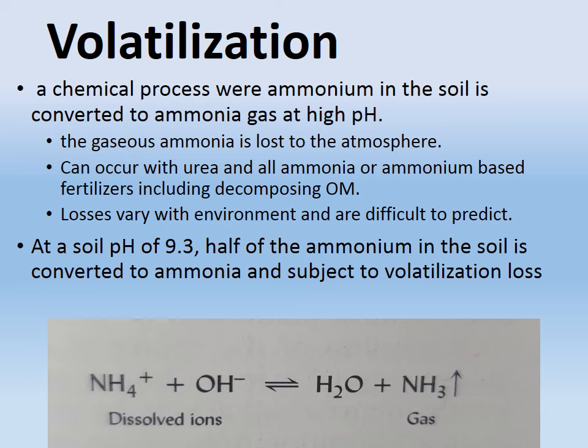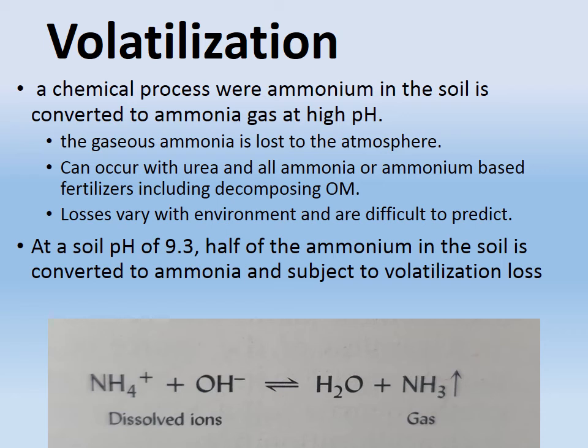Losses of ammonia to the atmosphere through volatilization are very difficult to predict, but usually when pH is very high, levels of volatilization are going to be very high. For example, at a pH of 9.3, half of the ammonium in the soil is converted to ammonia and subject to volatilization loss.